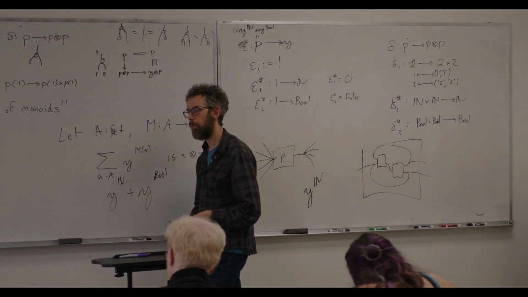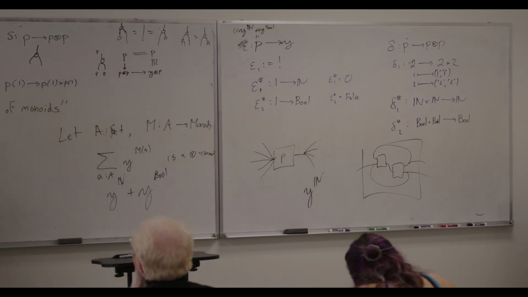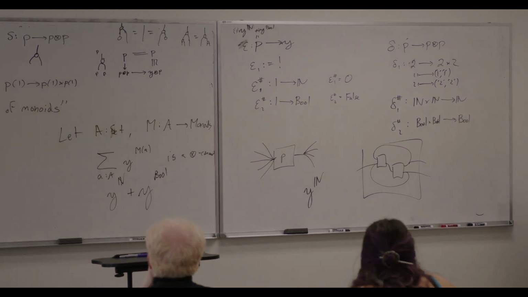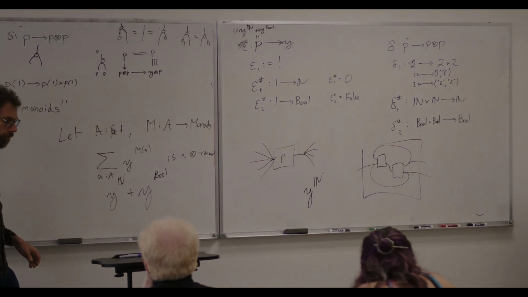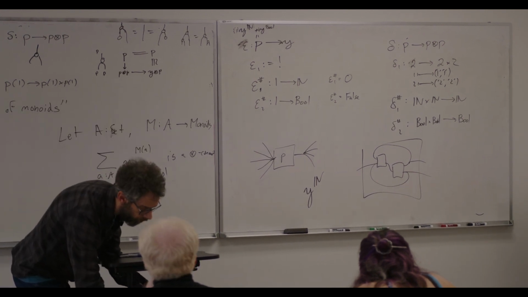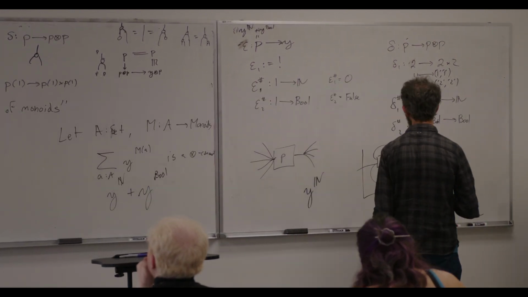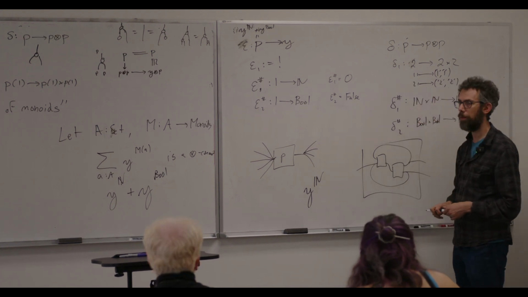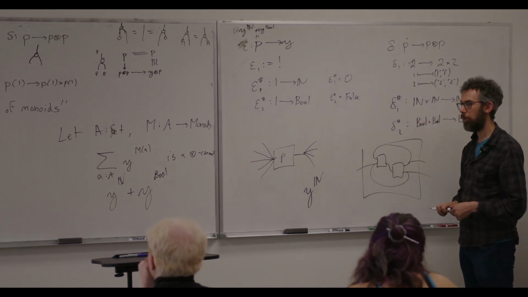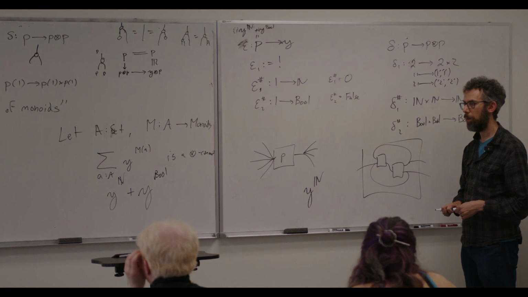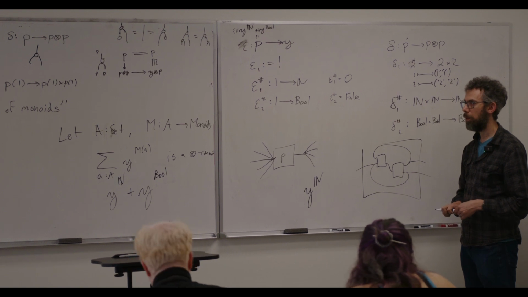I think I'm just trying to situate this. So, David, you had said that for the normal case, you can't have wires coming together. When you have tensor monoids, you can have wires coming together.